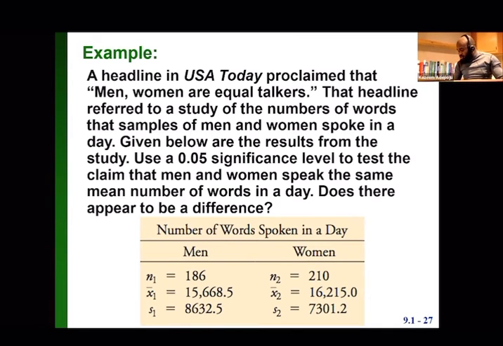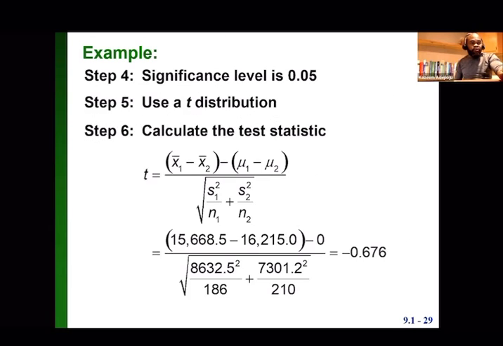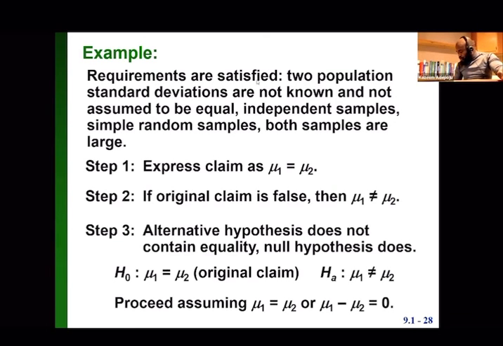We get that from here: does there appear to be a difference? That is why we have this hypothesis formulation, where the claim is on the null hypothesis in this question, because USA Today claimed that men and women are equal talkers.